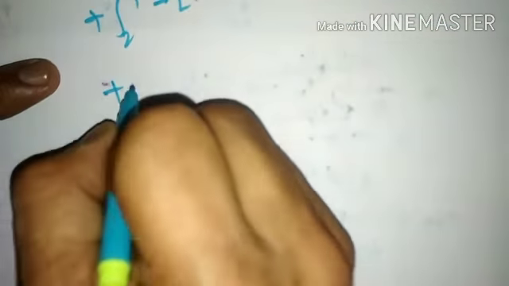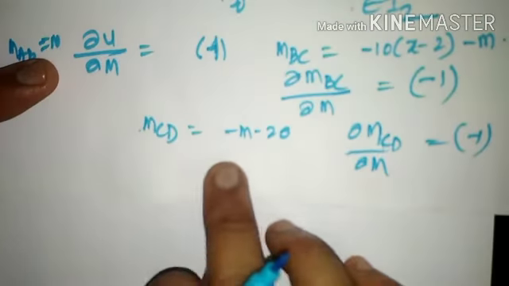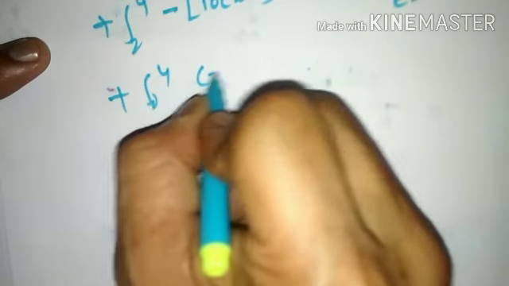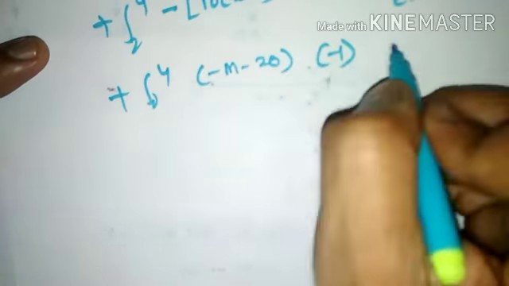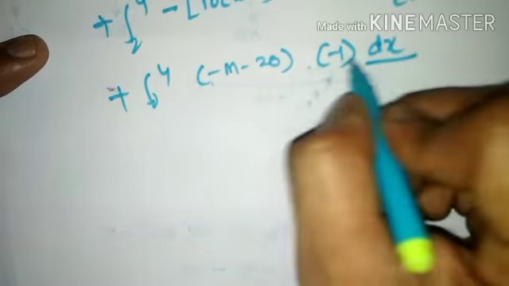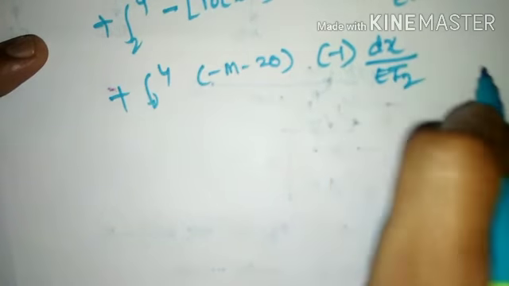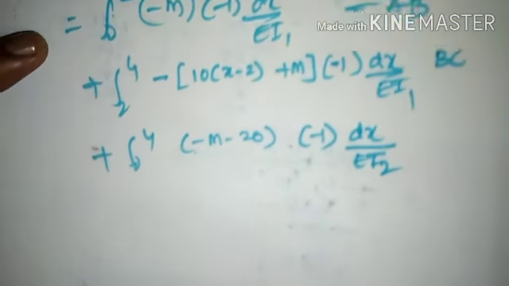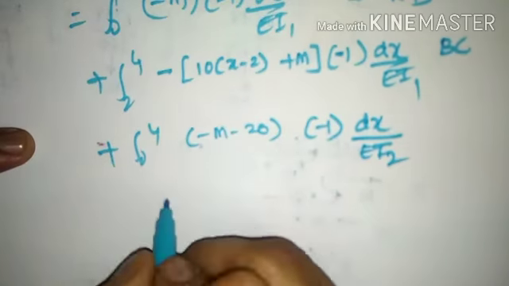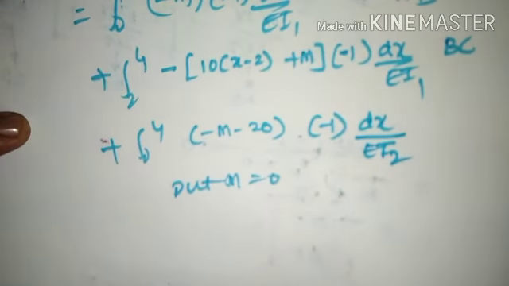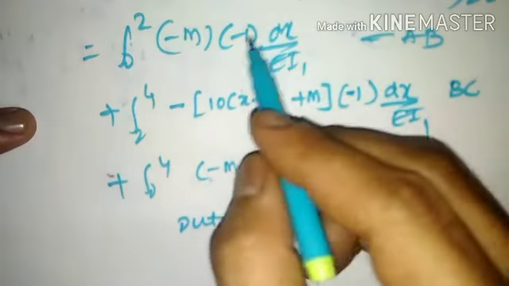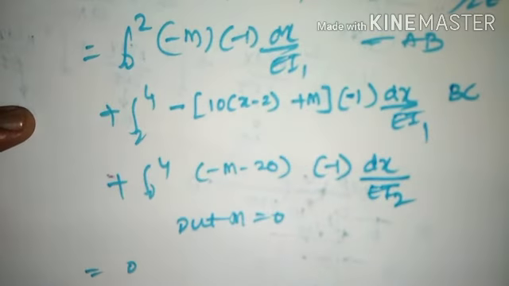Then the last expression is 0 to 4. When I consider 0 to 4, the last expression is minus of m minus of 20. Differentiation of this, what we had is minus of m minus of 20 into minus of 1 dx divided by EI2. So here put m equal to 0, because in reality we don't have m. So when I put m equal to 0, the first term shall come as 0.